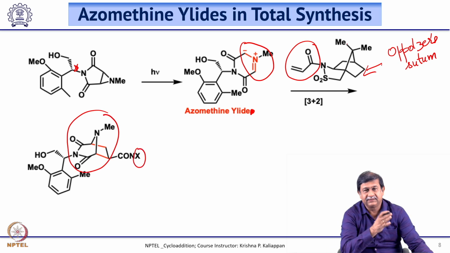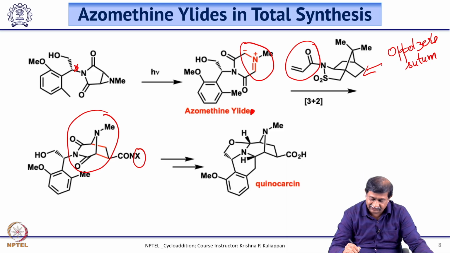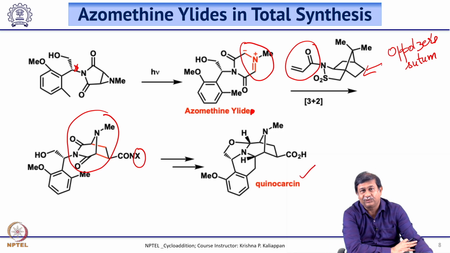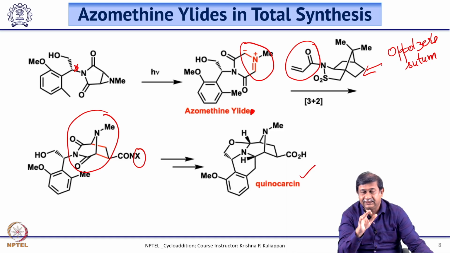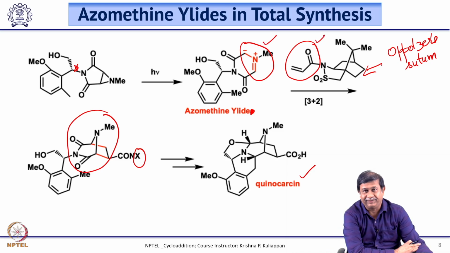So, now this amide can be easily hydrolyzed or reduced, and this has been successfully converted into the natural product called quinocarcin. So, in this particular total synthesis of quinocarcin, the key reaction is the 1,3 dipolar cycloaddition between this azomethine ylide and this dipolarophile.